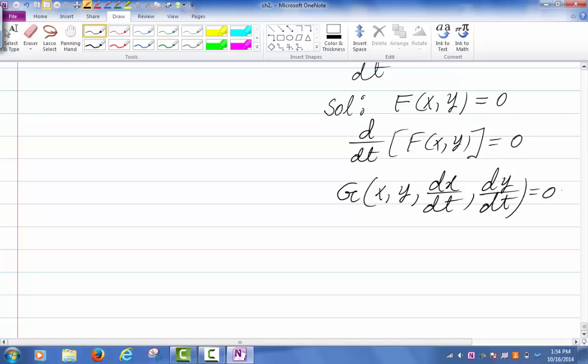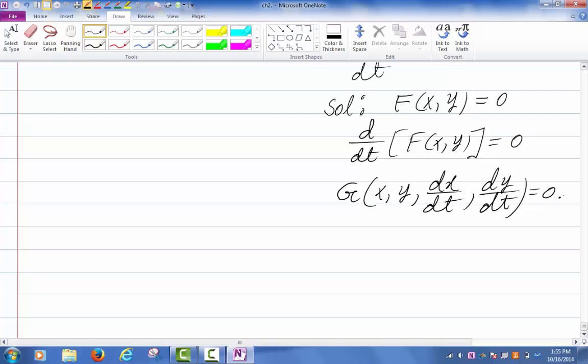And then you are in business, because the question will give you the rate of x. Your goal is to find the rate of y, right? So you just plug in what is given, and then you solve for dy/dt.